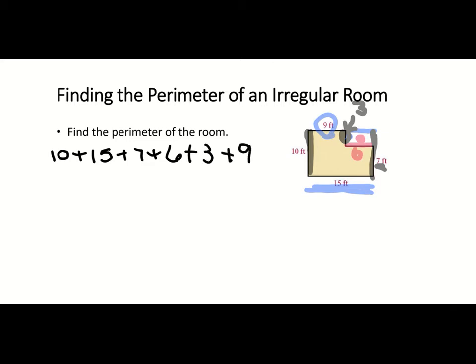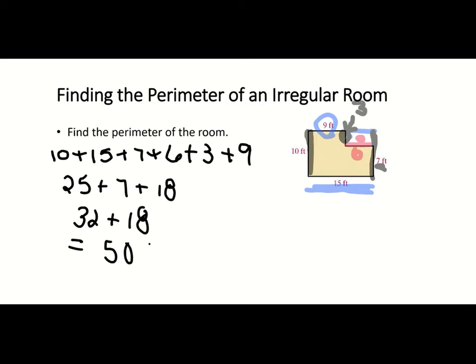So 10 plus 15 is 25. 25 plus 7 gives me 32, plus 6 plus 3 plus 9, which is 18. So that is going to make the perimeter of our room 50, and it will be feet, and it's perimeter, so it's just your units, not squared.